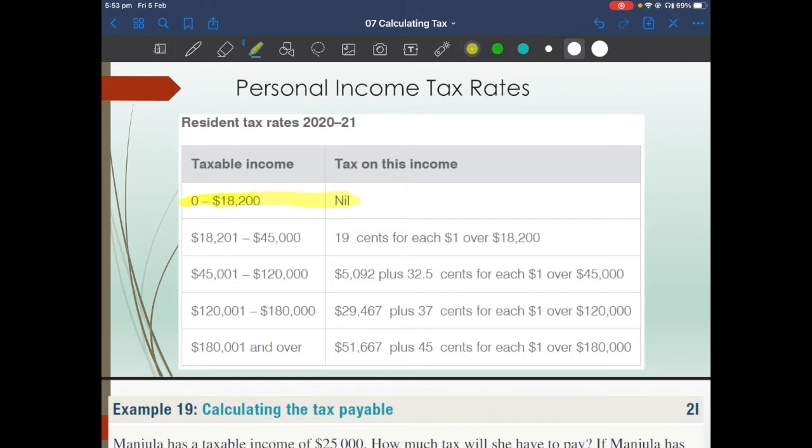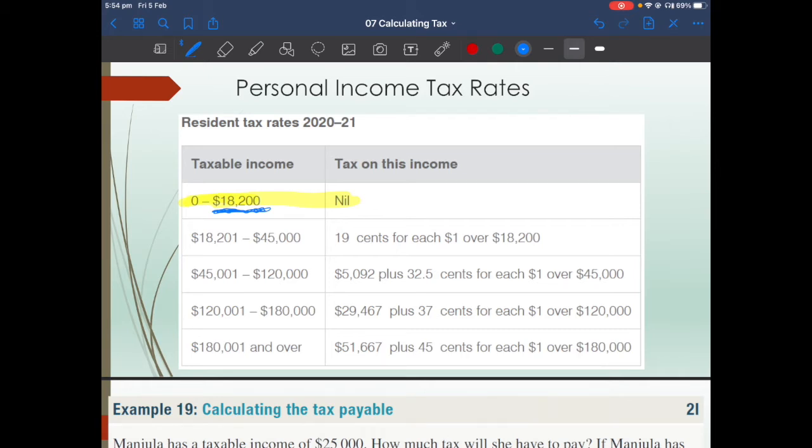Now, if you look at one of these tables from, say, 10 years ago, this figure here will be significantly different. Because there was a time, I don't remember exactly what year it was, but quite a few years ago, where this figure was basically doubled. And even if you look at one of these tax tables from 2 or 3 years ago, you will notice that the numbers on it are a lot different.